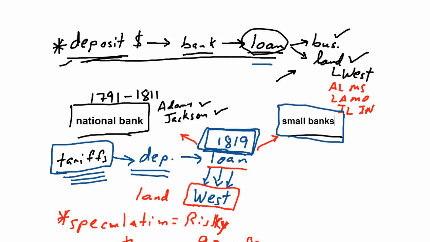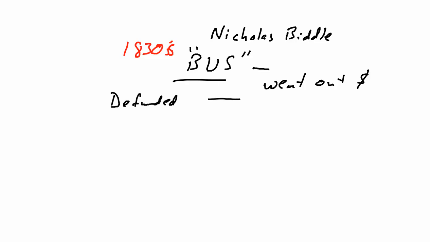Now there's a difference between small banks and the National Bank. The National Bank had the tariffs as deposits. The smaller banks did get some of that money, but there were so many small banks, and they had a practice that instead of loaning out money backed by gold and silver, which the National Bank primarily did, they loaned out paper money, like we do today, ironically.